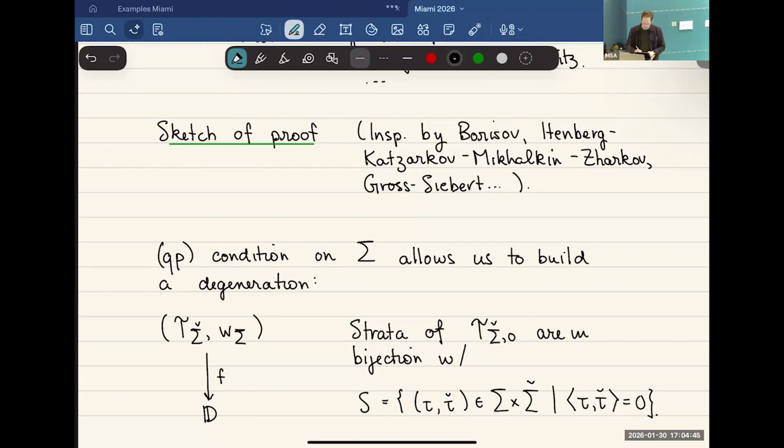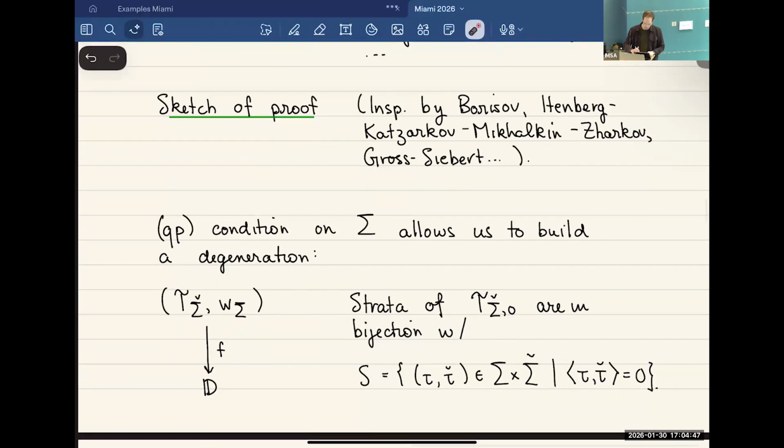So when I write the script T here, what I mean is I build a family of Landau-Ginzburg models living over the disk D, where a generic fiber is one of the Landau-Ginzburg models coming from Clarke's construction. So if I look at the central fiber of this degeneration, the strata of this central fiber are indexed by this fan poset object here.